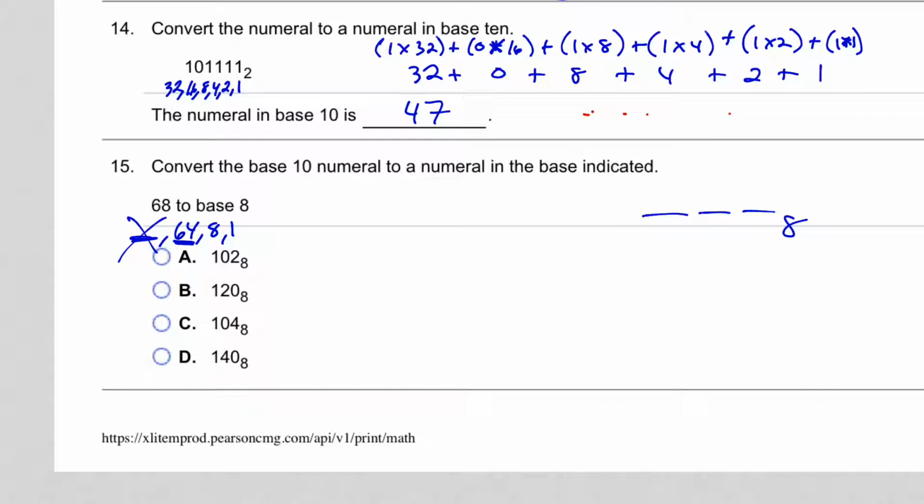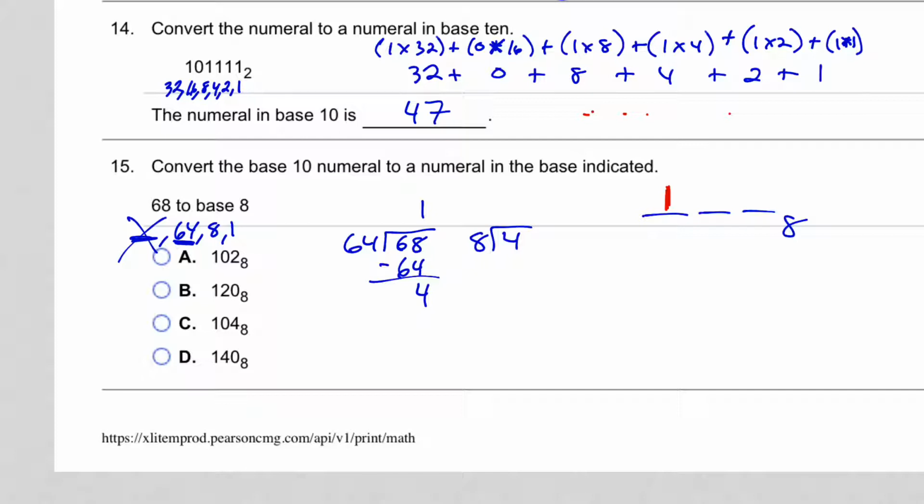Okay, so first we're going to say, how many 64s are there in 68? There is 1, with a remainder of 4. So we know our first digit is going to be 1. Then we take our 4 that we have remaining, and divide by our next place value, which is an 8. Well, 8 doesn't divide into 4.